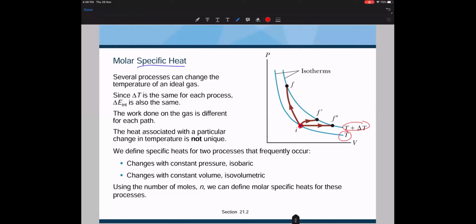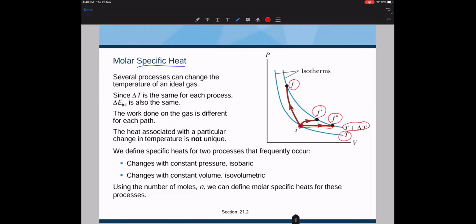So there are different possibilities for you to change the temperature. So here in the PV diagram, there are different paths. One is to the final state F, the other F dash. The third one is F double dash. Remember what we have just mentioned. Internal energy of the system depends only on the temperature.